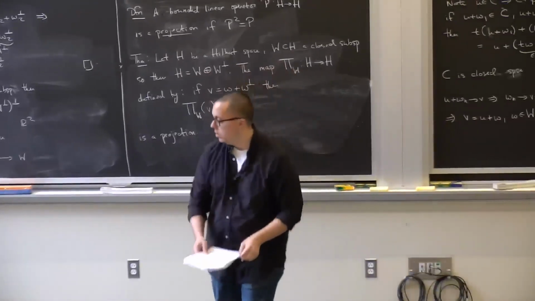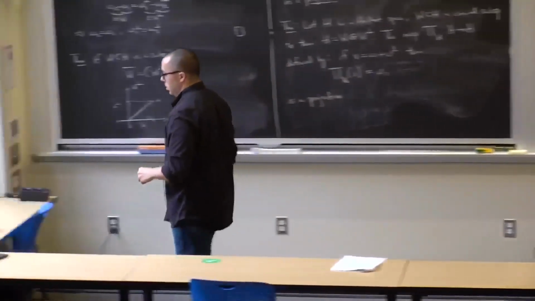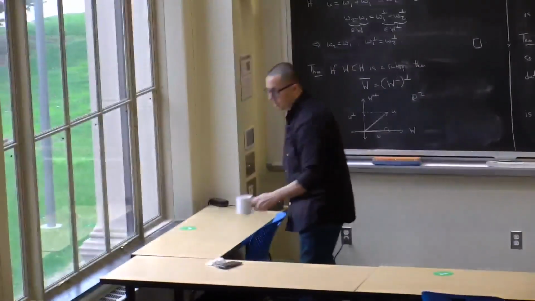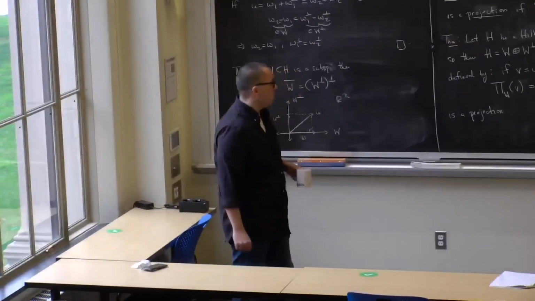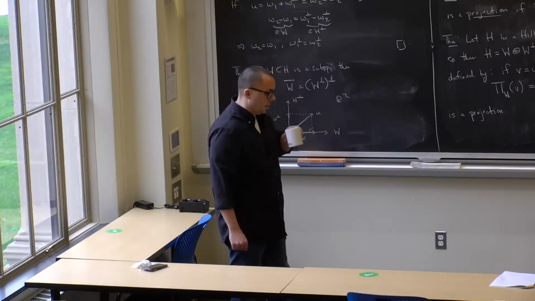Okay? So we need to show that it is a bounded linear operator and its square gives you back the original map.